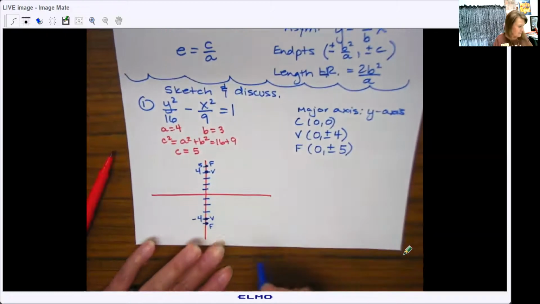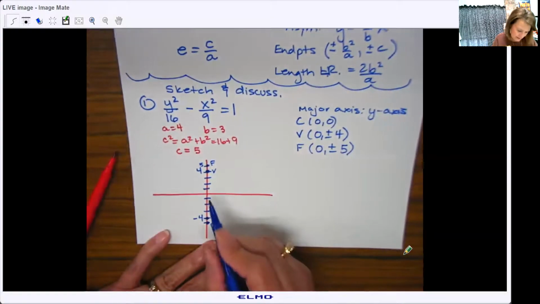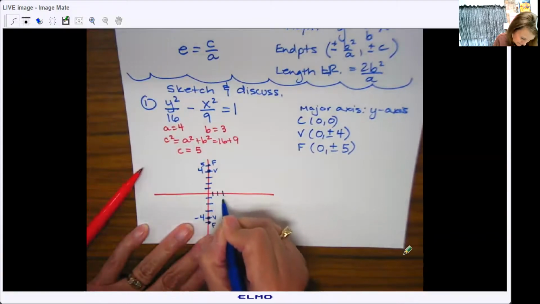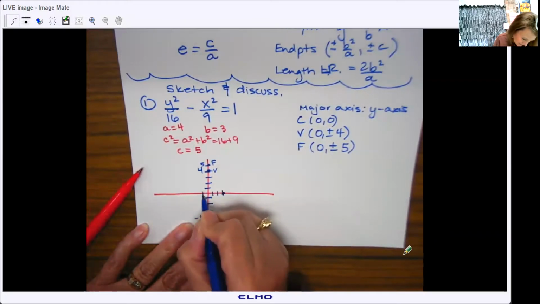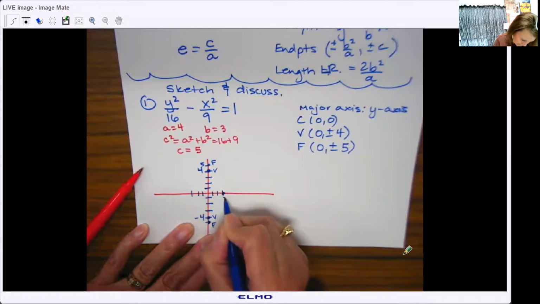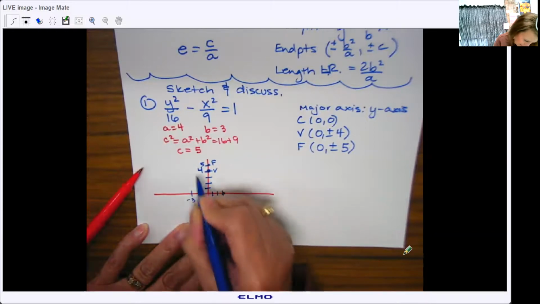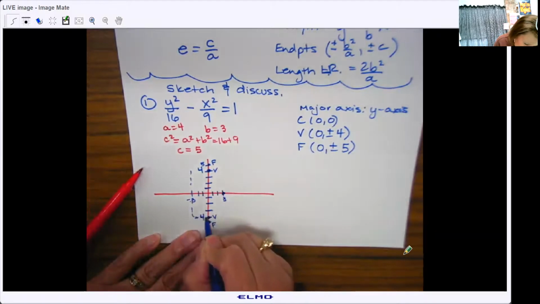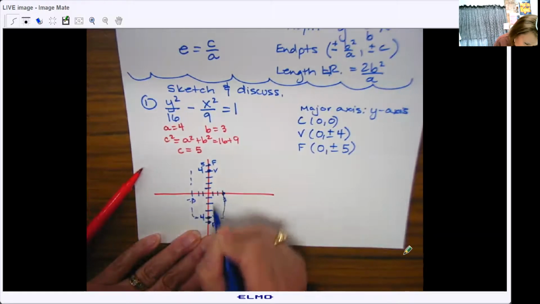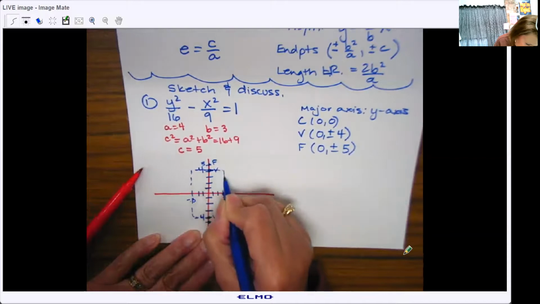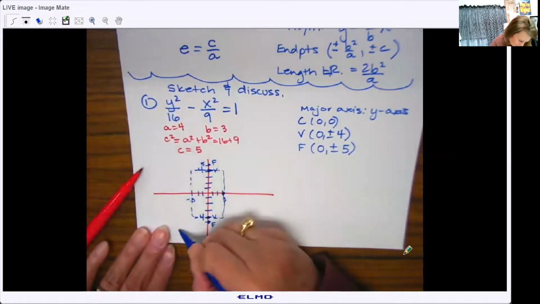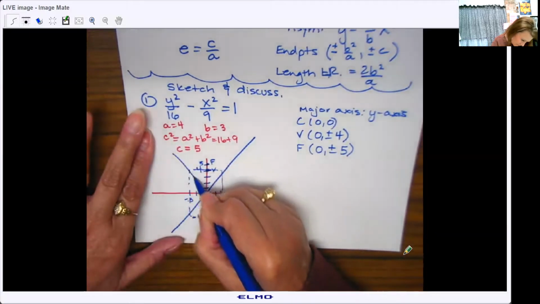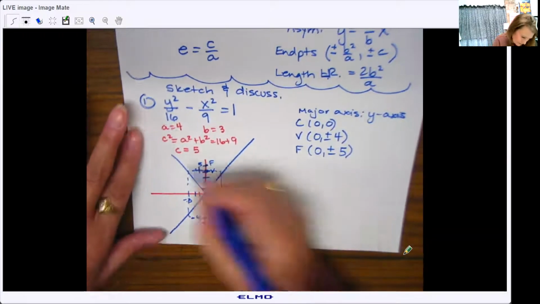Let's see what else. We've got to go over 3 this way and over 3 this way, and we build our rectangle going through the vertices. Going through the vertices and those, so there is an asymptote there, and there is an asymptote there.